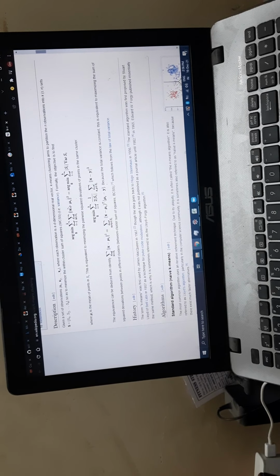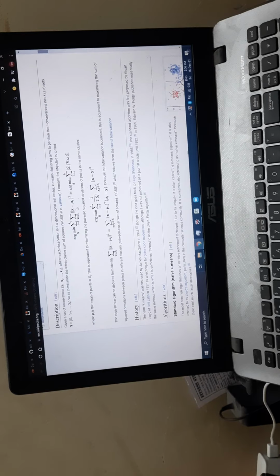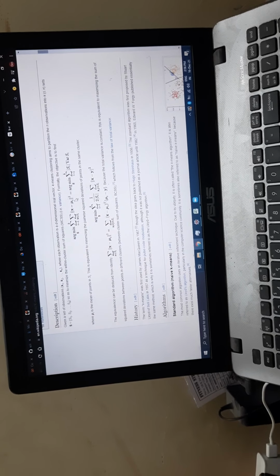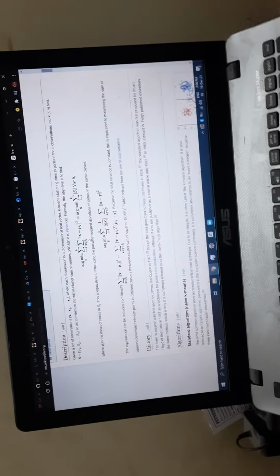So this is the distance from the centroid to the point. Here it's written for all x belonging to Si. I just wrote it as i. So Si is a cluster, that cluster.